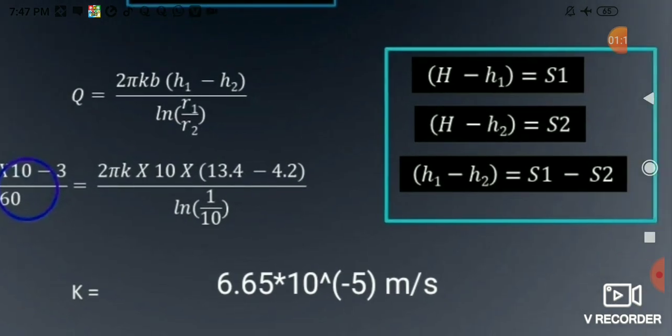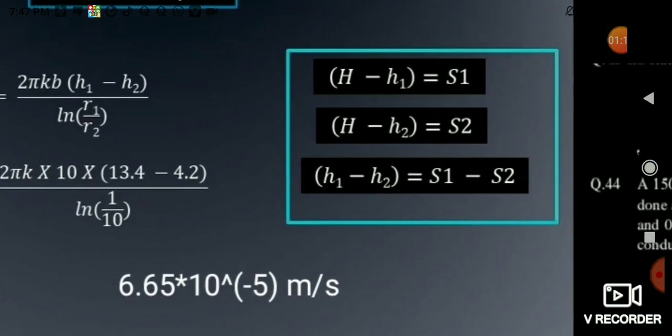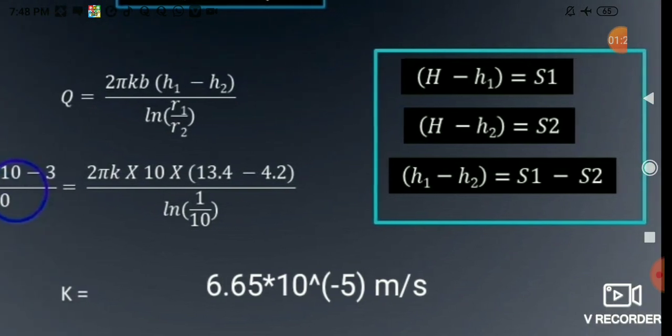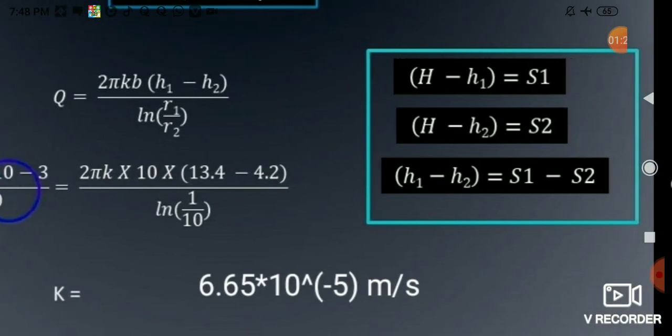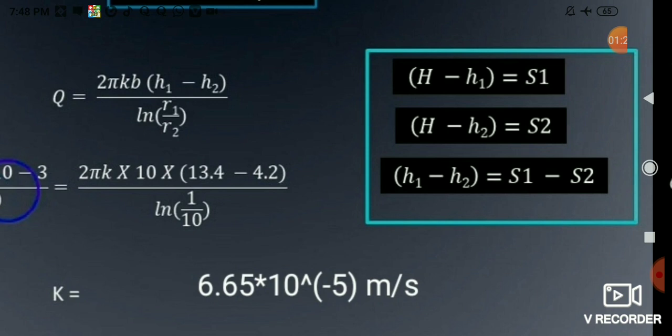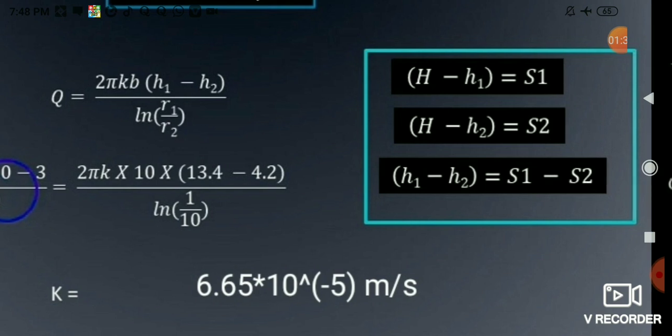In the formula I have written for you, to clear your concept, capital H minus H1 is equal to S1 and capital H minus H2 is equal to S2, and S1 minus S2 is equal to H1 minus H2. At the initial part of the video I also told you that H1 minus H2 is equal to S1 minus S2, and here you can get the proof.